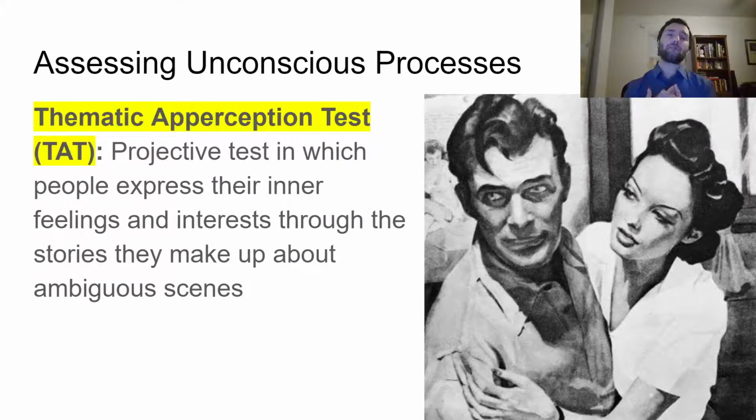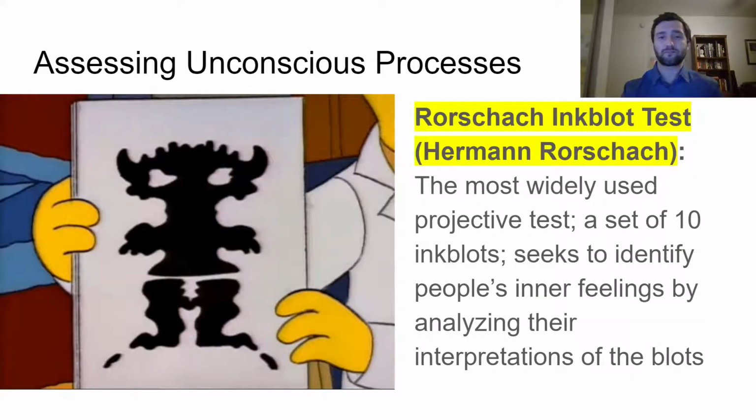So what would happen is you would tell this story, and I, as a psychologist, would be taking notes, writing it down. And what I would do is look at what are the things that you're putting into this story. And the idea is that's going to tell me what's going on in your unconscious mind. Okay? Notice, obviously, it's very, very subjective, which is one of the problems with projective tests.